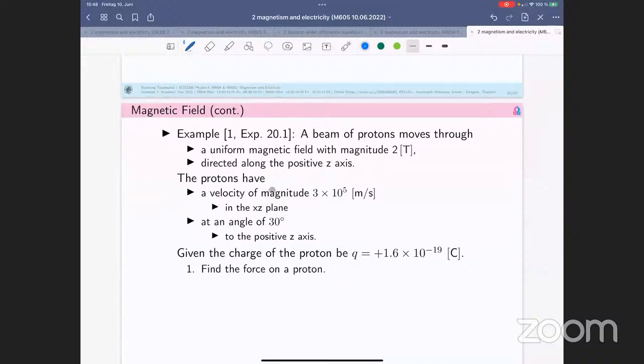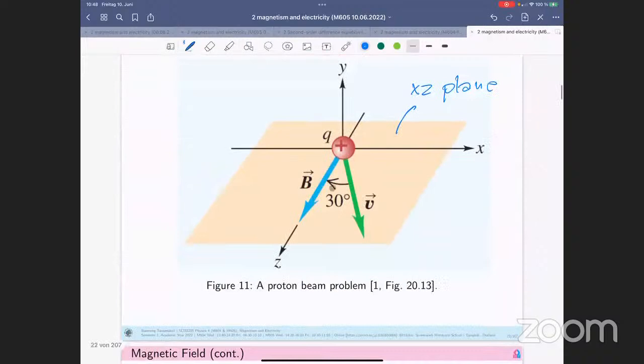The proton moves with the speed 3 times 10 to 5. Okay, the speed here is 3 times 10 to 5, the absolute value actually. Okay, it moves with 3 times 10 to 5 meter per second.